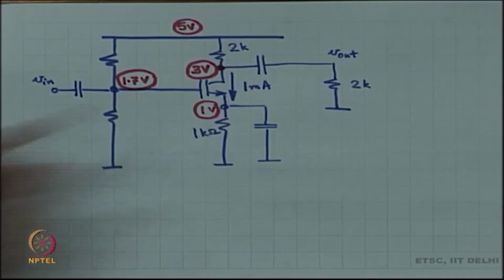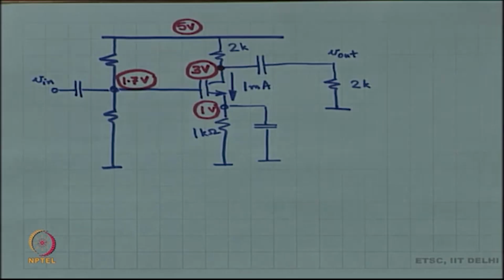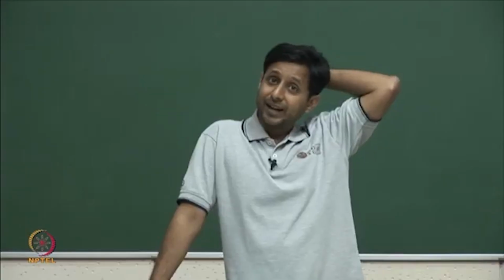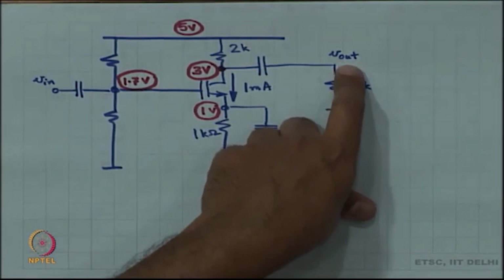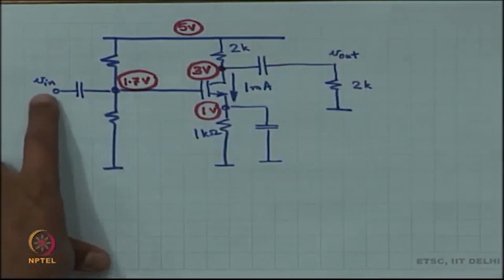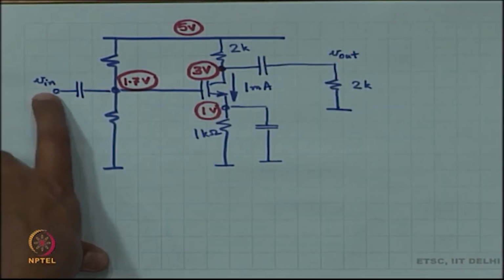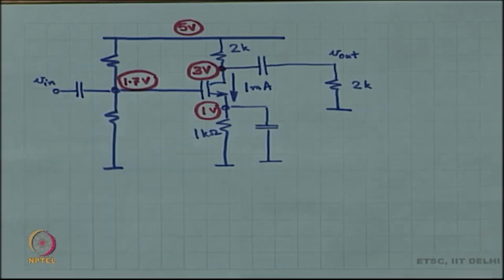I am assuming output impedance of the MOSFET to be infinite, RDS is infinite, let us say. So, the gain is still minus 10, in which case if I decrease the output voltage by 10 millivolt, I will have to increase the input voltage by 1 millivolt, that is what it means.